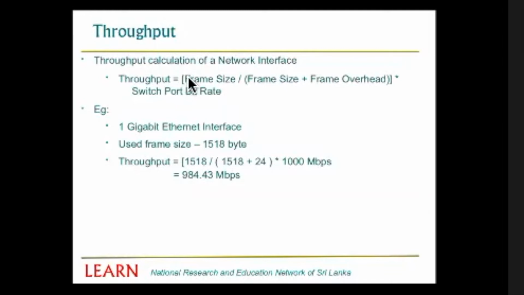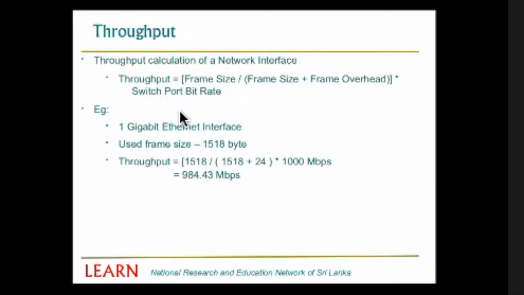Throughput is equal to frame size divided by frame size plus frame overhead, all multiplied by switch port bitrate. Think you have a gigabit Ethernet network that theoretically supports 1,000 megabits per second. But in actual case, we can't use that much traffic.